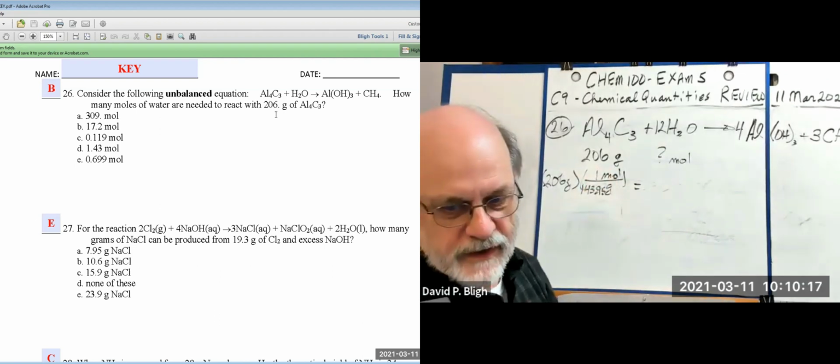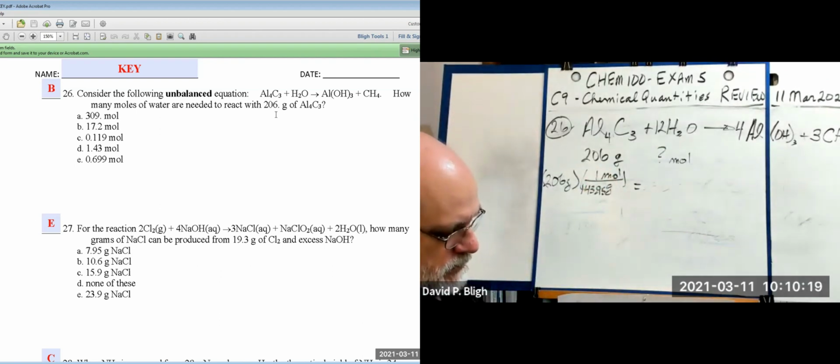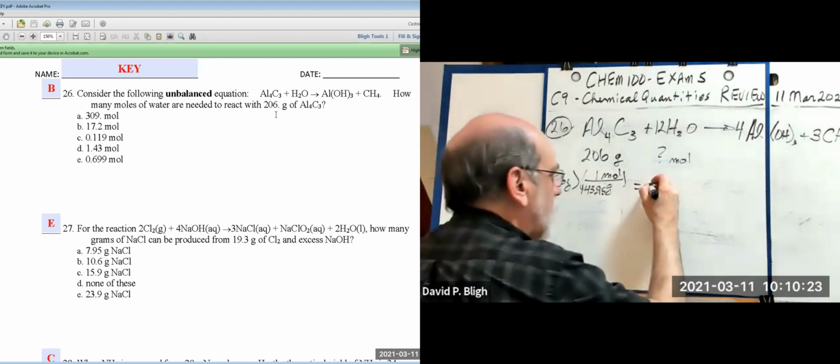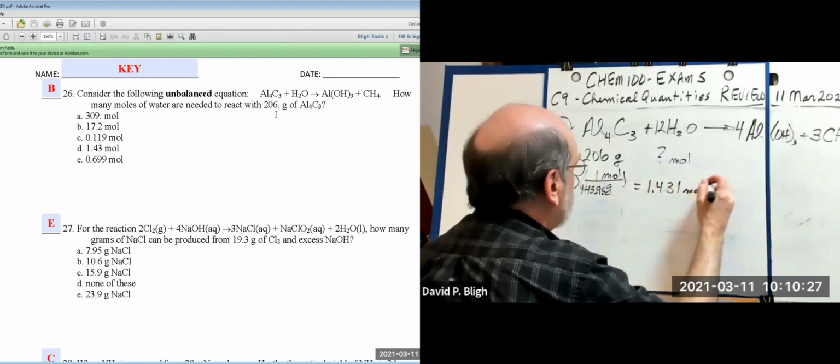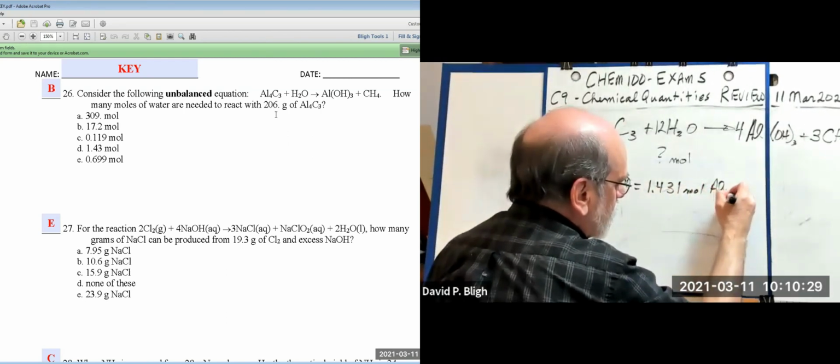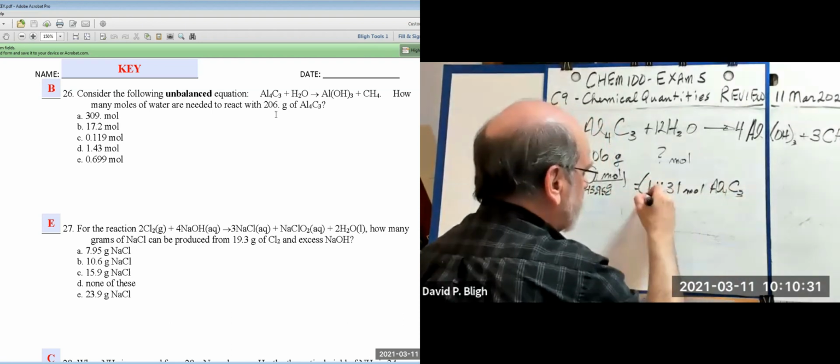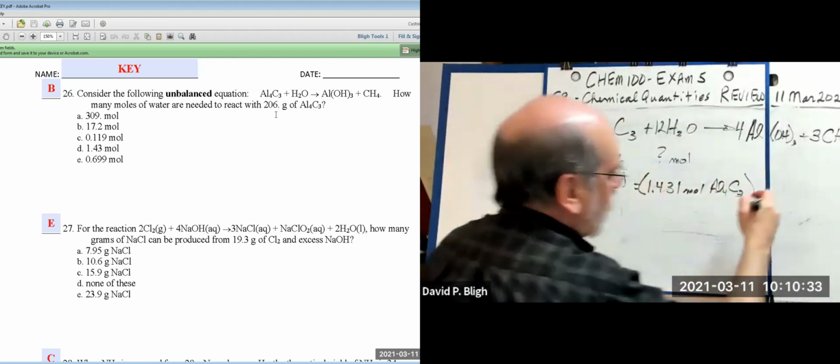Divided into 206. 1.431 of aluminum carbide. Then we need to convert that to moles of water.